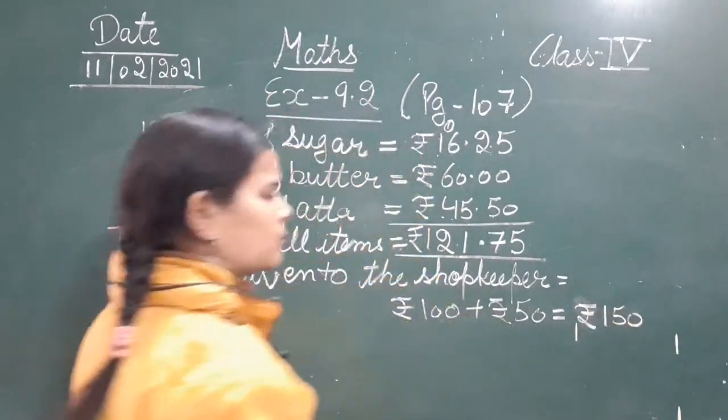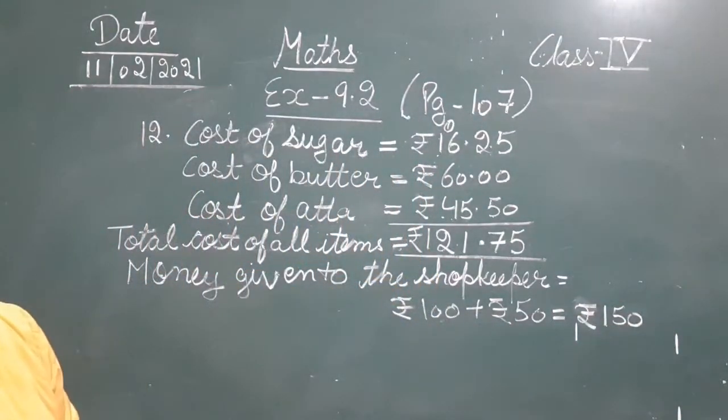So this is the amount that is given to the shopkeeper, that is rupees 150.